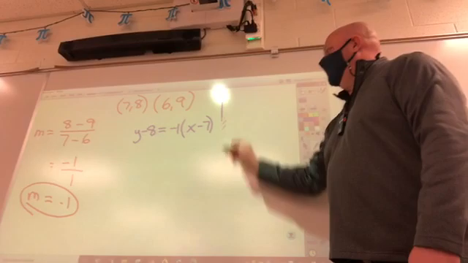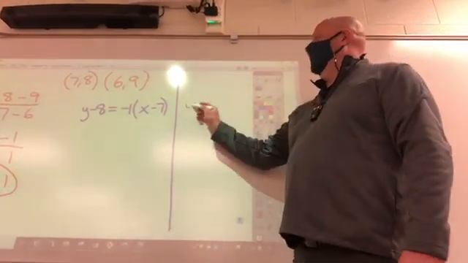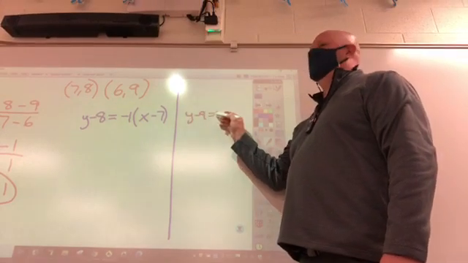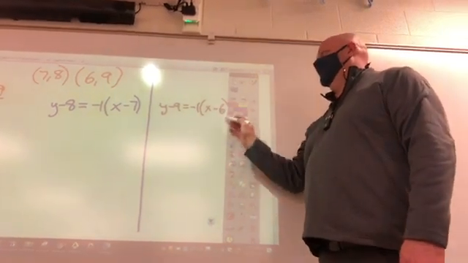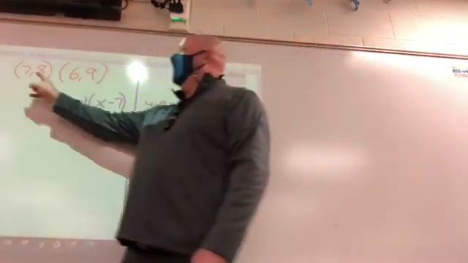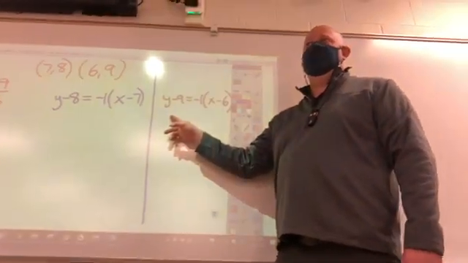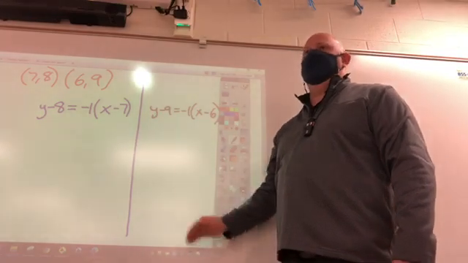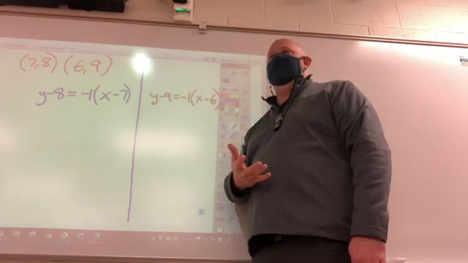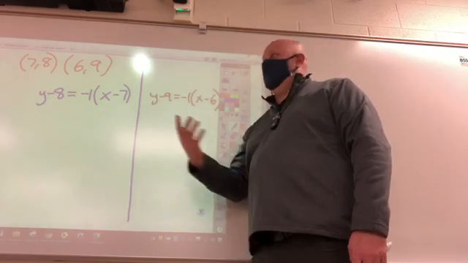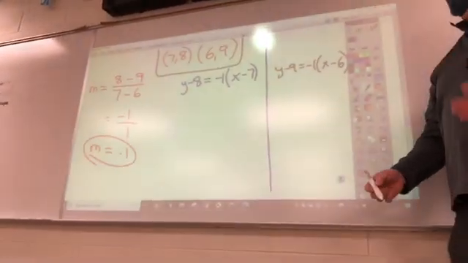What would another answer be? y minus 9 equals negative 1 times x minus 6. I can use either point. I can use the 7 and the 8, or I can use the 6 and the 9. If I simplify these two, should I get the exact same thing? Isn't this one line that's just going through these 2 points? I better get the same thing.